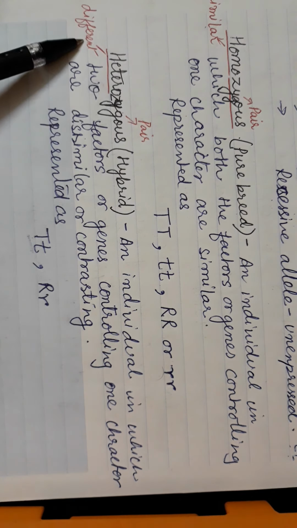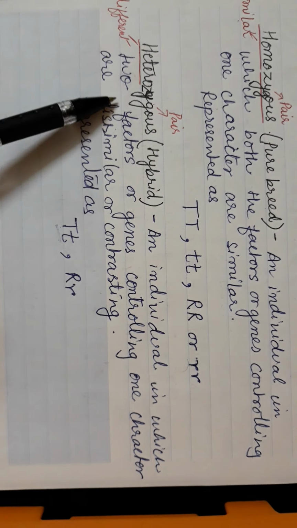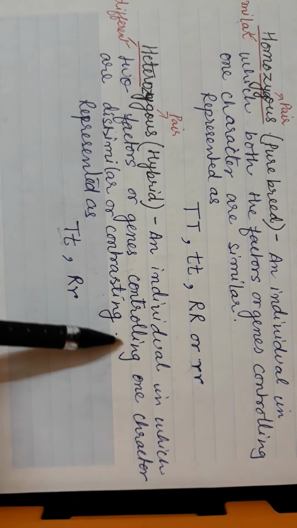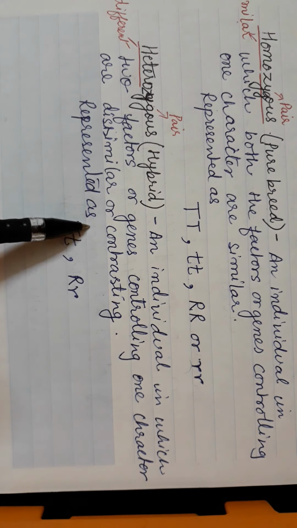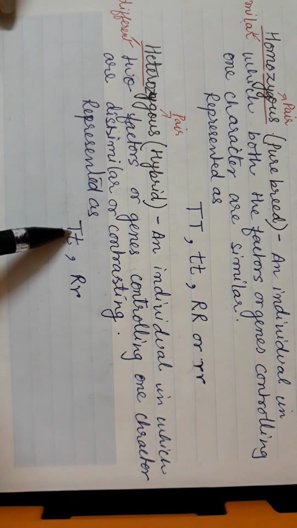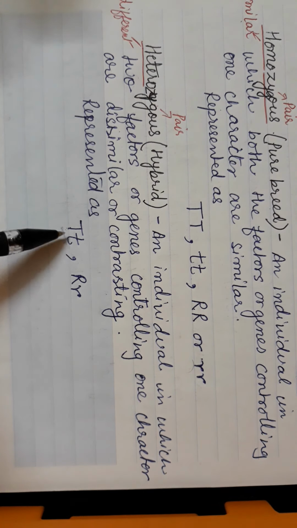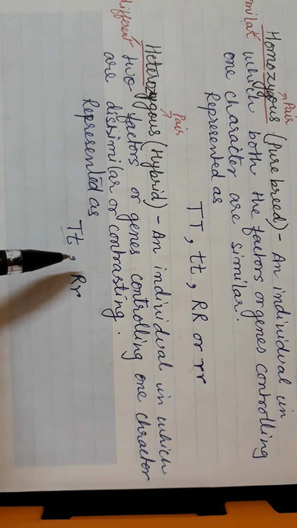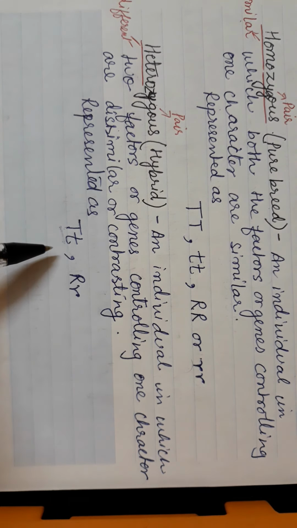Now we come to heterozygous. Hetero means different, and zygous means pair. It means an individual in which the 2 factors or genes controlling one character are dissimilar or contrasting are called heterozygous. They are represented by one small letter and one capital letter. It means one will be dominant, like the pod can be of green color and the other of yellow color, or the flower color can be purple or white.